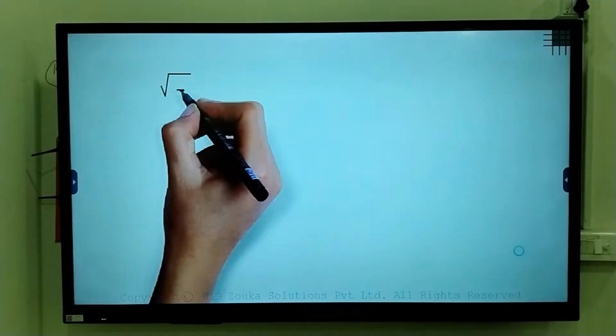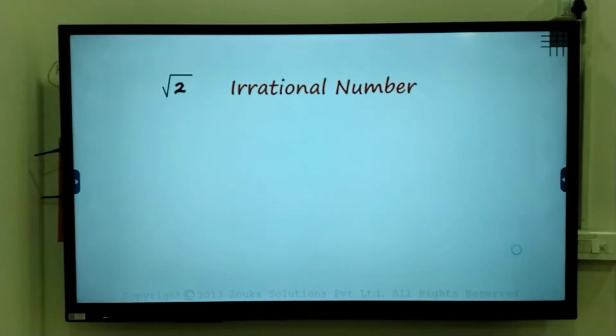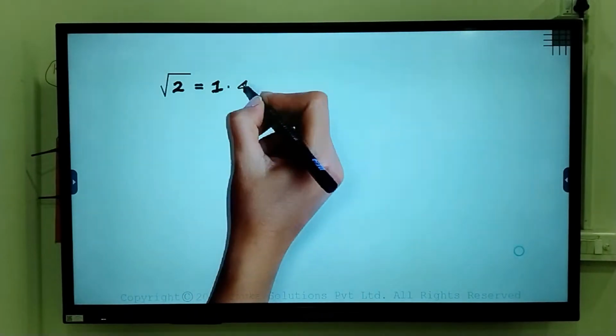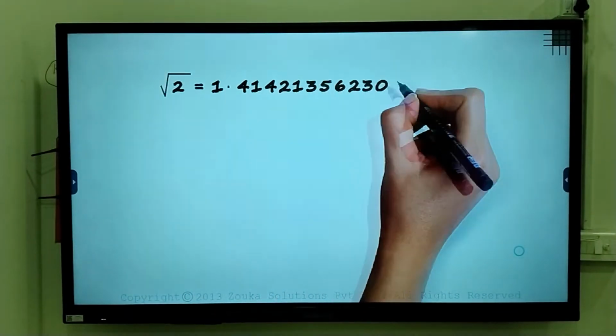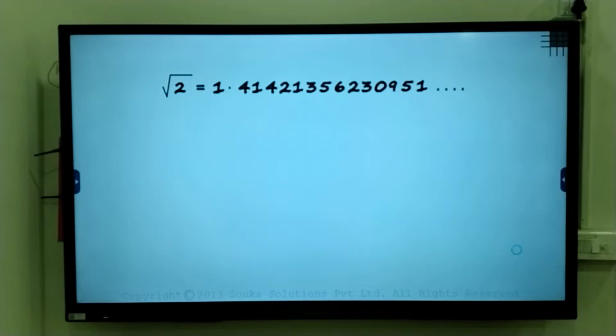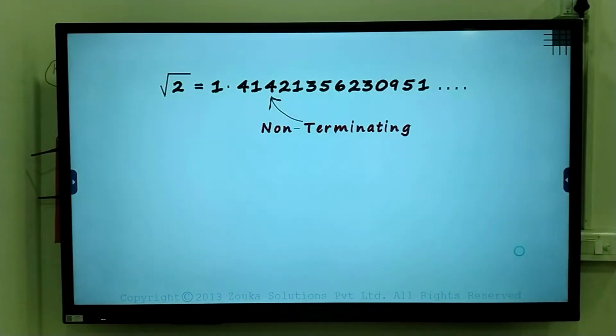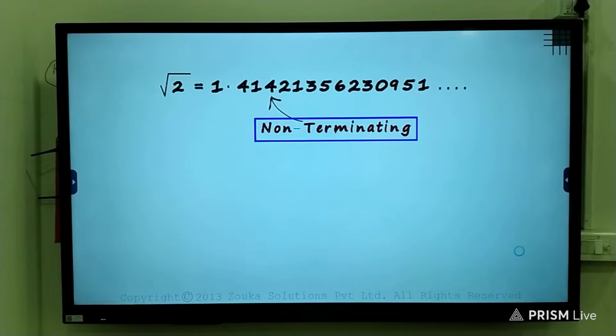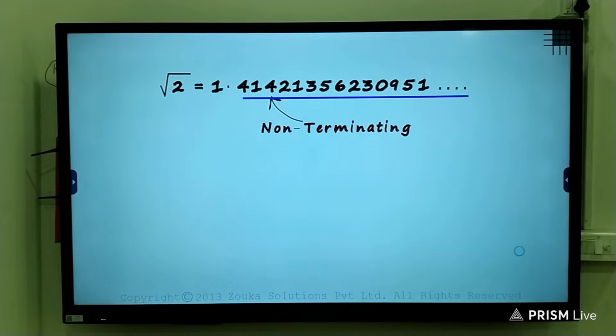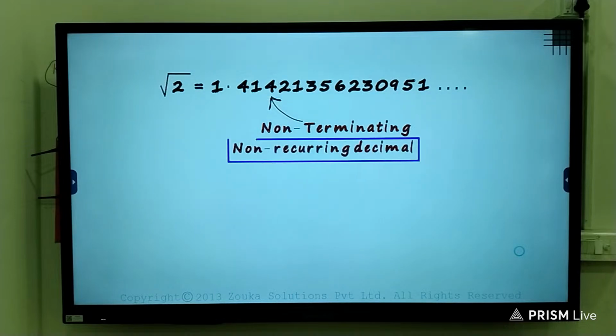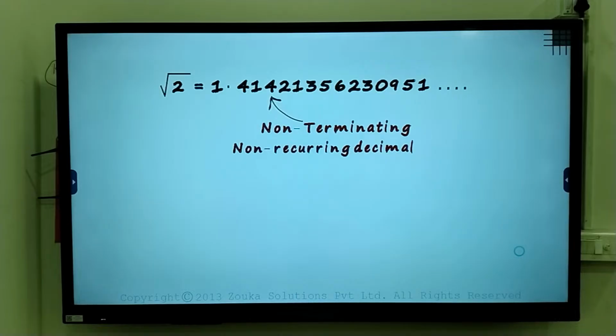Now we know that square root of 2 is an irrational number. If you use a calculator to calculate the value of root 2, you will get something like 1.4142135 and so on. This value that you get is actually non-terminating. It is never ending. Also, you will not find any pattern in the digits after the decimal. Hence, it's also called a non-recurring decimal. There is no pattern that occurs again and again.